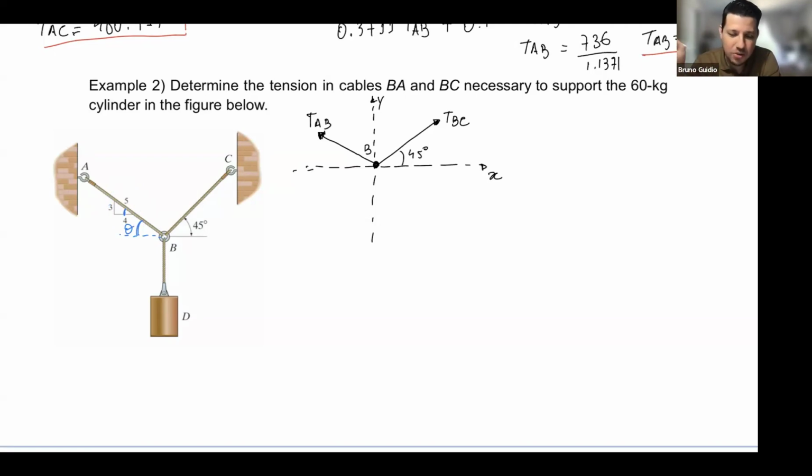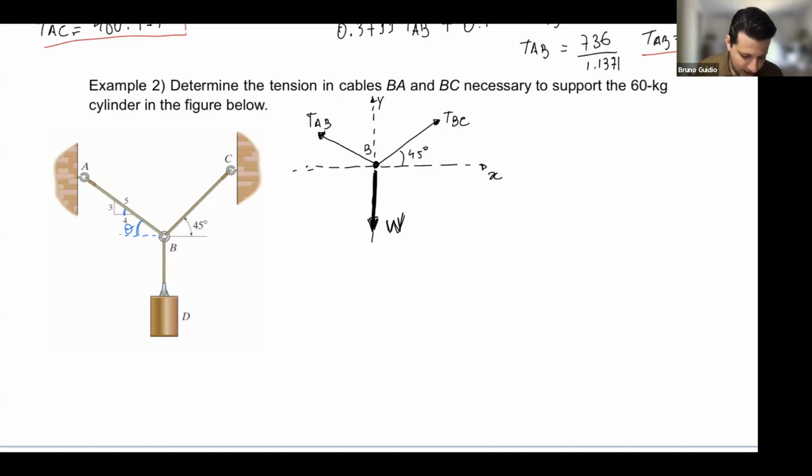Or we can find the sine and cosine already. For this problem, I'm going to use the sine and cosine to do it a little bit differently, but you can also find the angle. I'm going to also find the angle. Before that, we also have another force, which is the weight, which I also have to find.